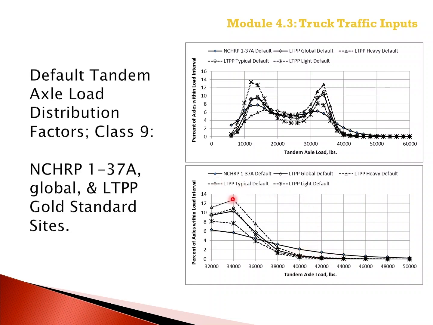And then the open circles are the typical axle distribution, and the X's are the LTPP light distribution, or defined as the light distribution.